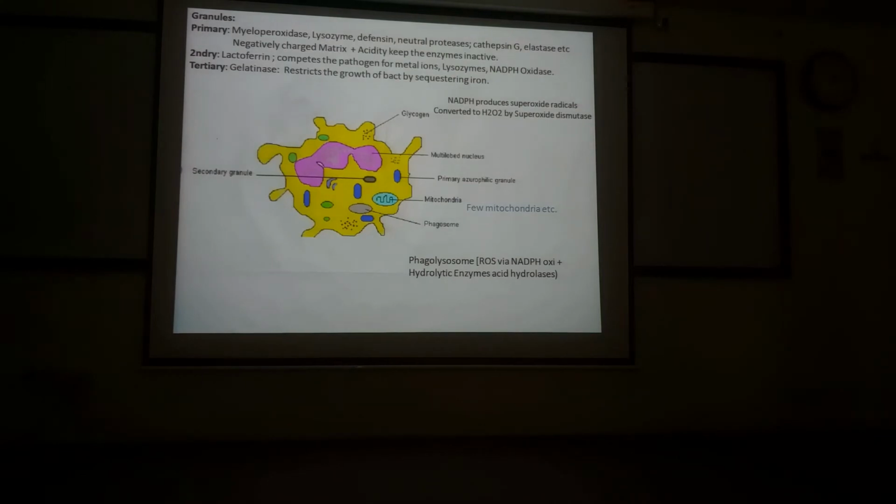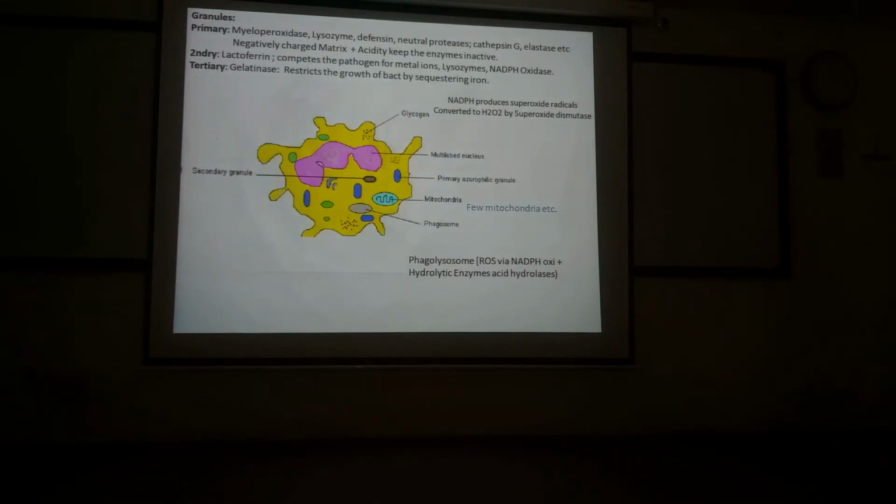Then there are other enzymes, lysozymes, or NADPH oxidase, which is very important here for the function of the neutrophils. This NADPH oxidase is going to produce superoxide radicals, and these superoxide radicals are converted into hydrogen peroxide.